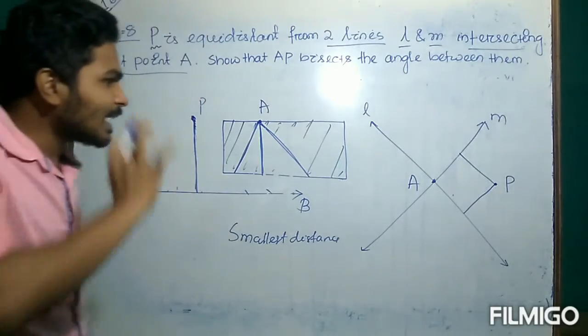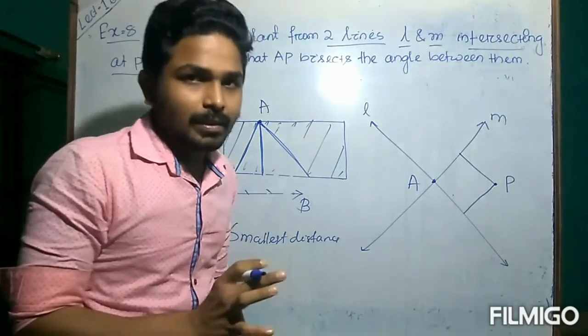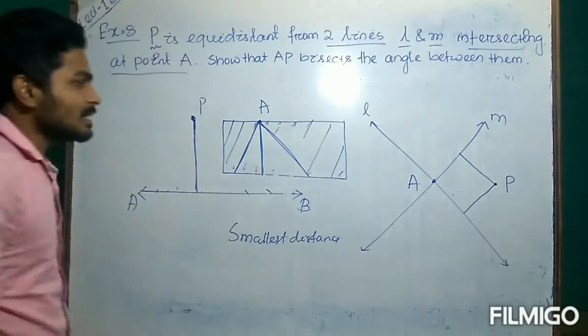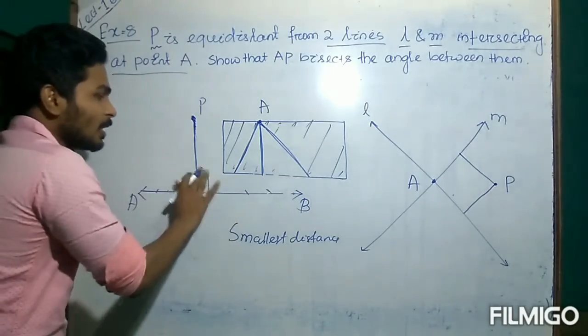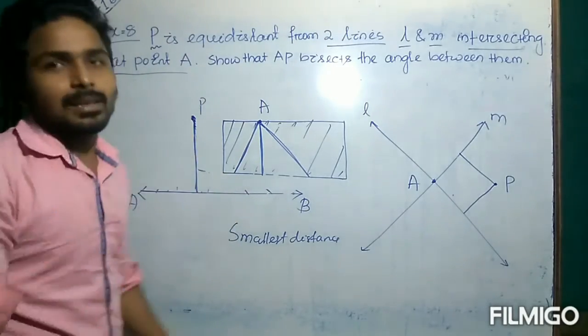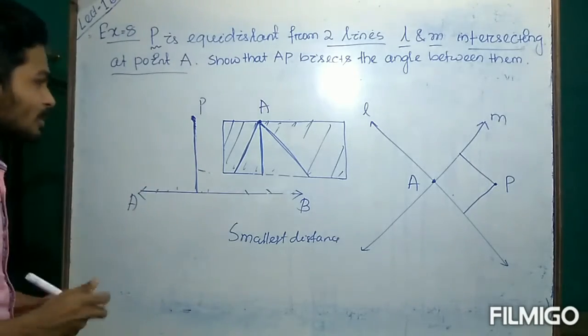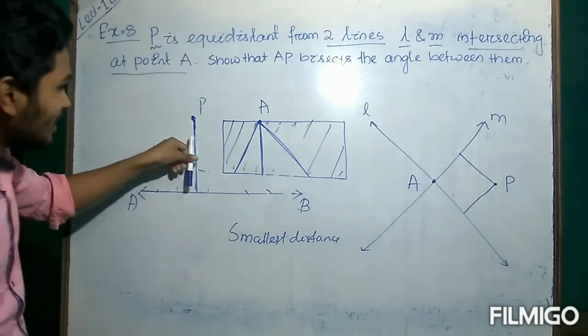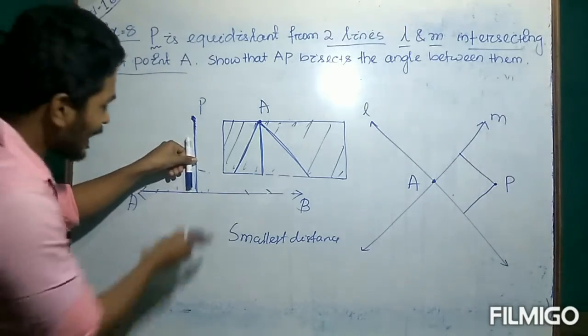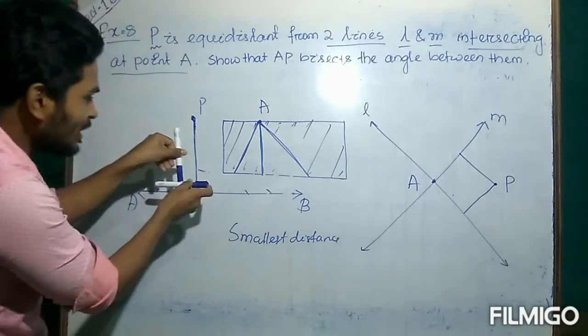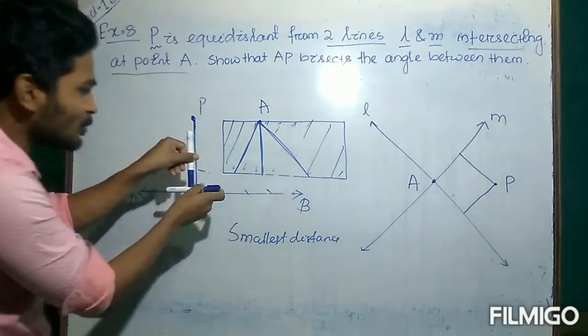So in order to find the exact distance and actual depth, the smallest distance is always considered. And the second thing is, suppose I have joined these two points and this is the line. Then how do these two lines seem to be?